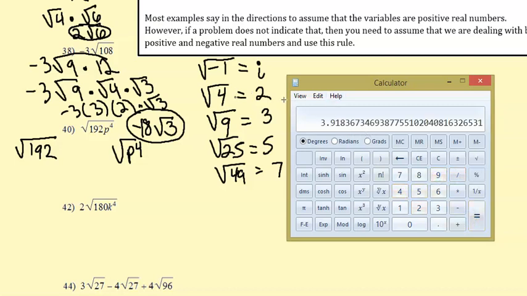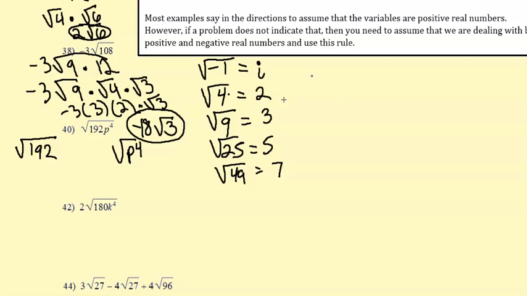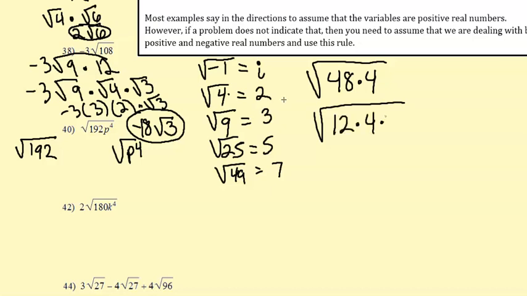Okay, so it looks like we can only pull out 4. So 192 is the same thing as 48 times 4. Well, 48 we could pull out another 4. So it'd be 12 times 4 times 4. For 12 you could pull out another 4. So we have 3 times 4 times 4 times 4.